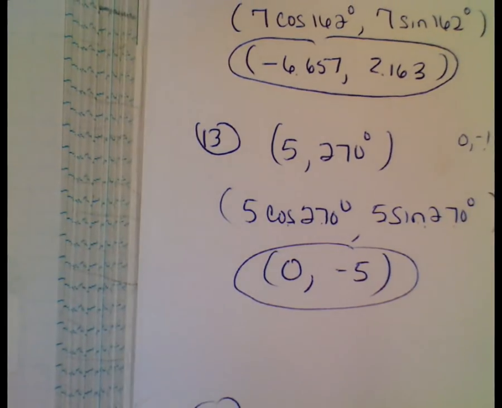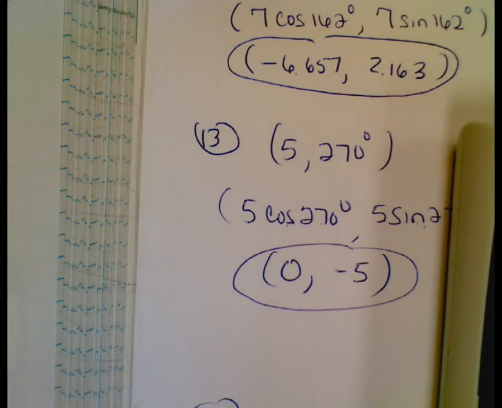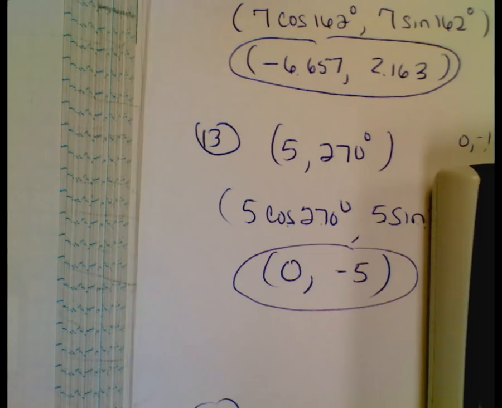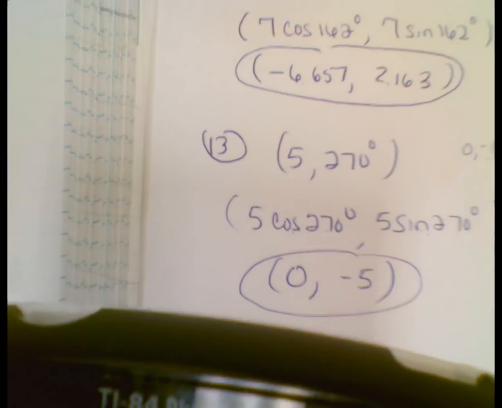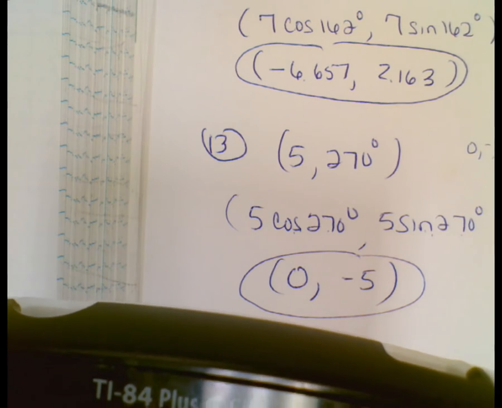And 16. 9.2 cosine of negative 104. Oops, that's not a print. That should be a comma. Sorry about that. And 9.2 sine of negative 104. So we have 9.2 cosine of negative 104, which for this one is a negative 2.226.